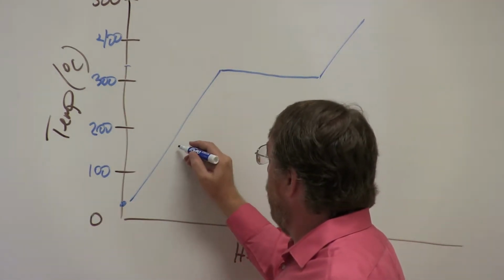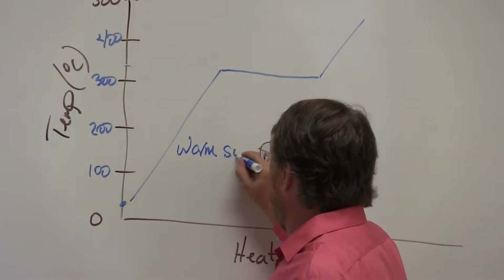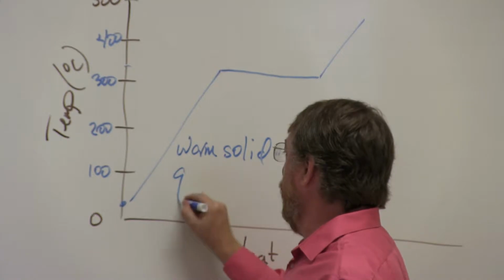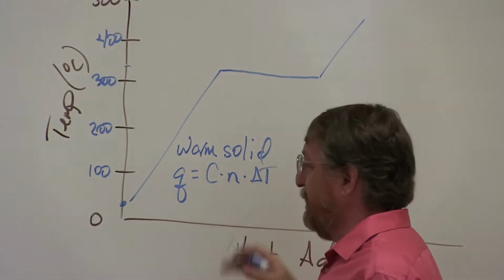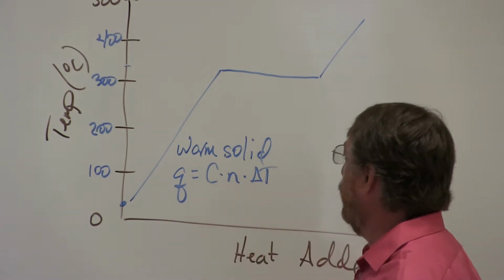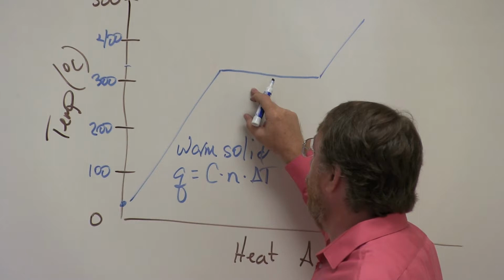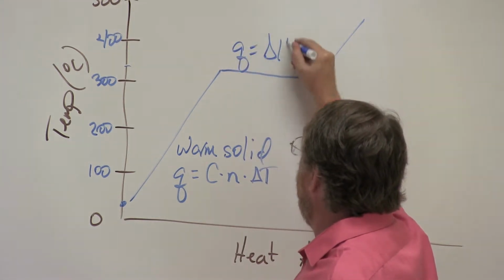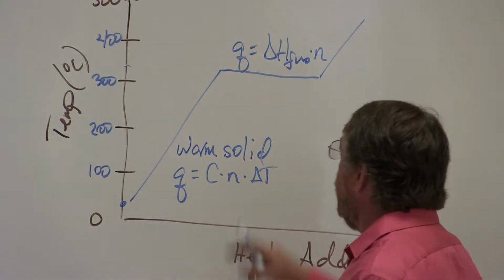So this calculation is warming the solid. That's a heat capacity calculation. Q equals Cn delta T or Sm delta T, depending on whether we want to do it in grams or moles. This here is a phase change. Phase change is governed by heat of fusion. So we're going to have Q equals the heat of fusion times the number of moles.